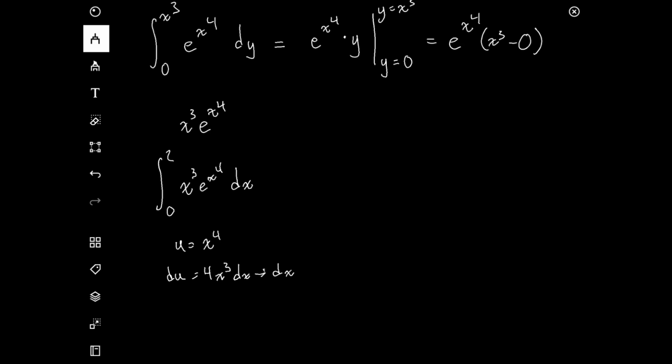So therefore, dx is equal to du divided by 4x to the third. Substitute these back in. Remember that we need to change our bounds based off this equation right here.